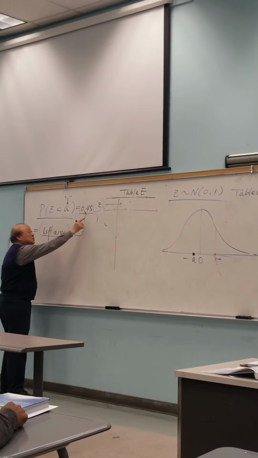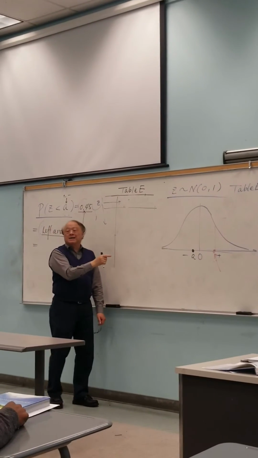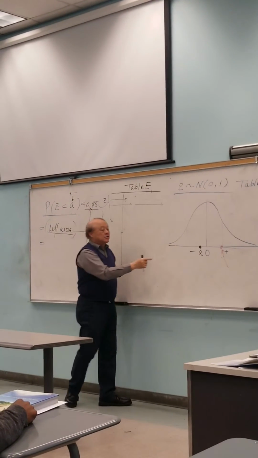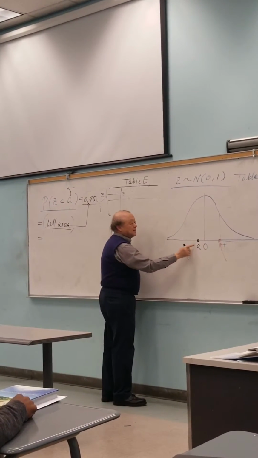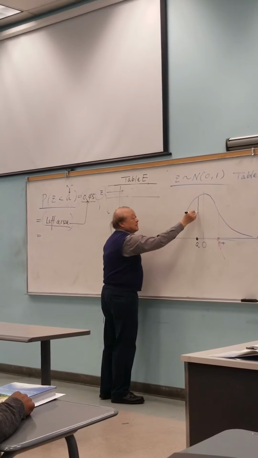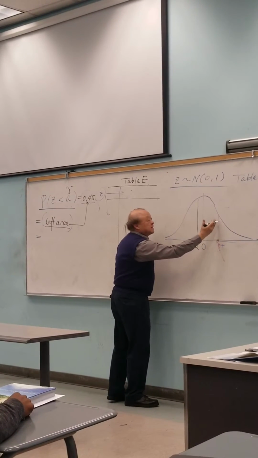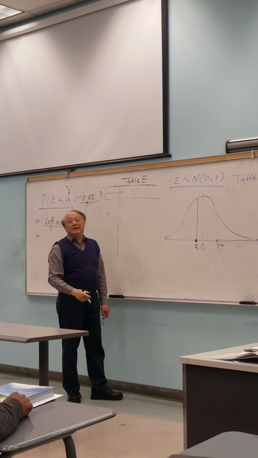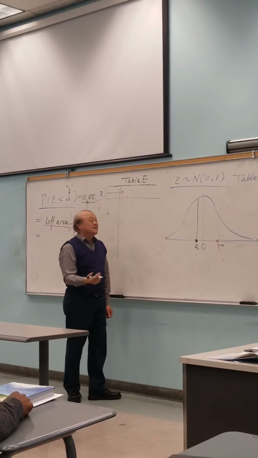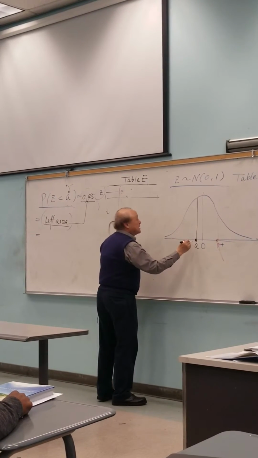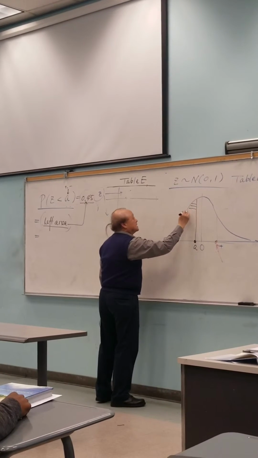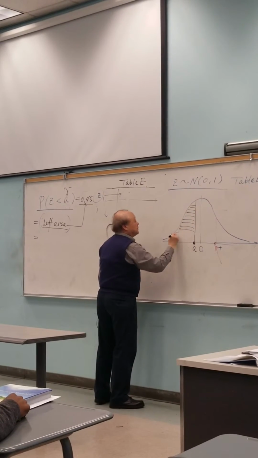Where is A? It should be here, negative. If it's positive, then the left area would be more than half. So A is a negative number. Now, negative how much? According to the left area.